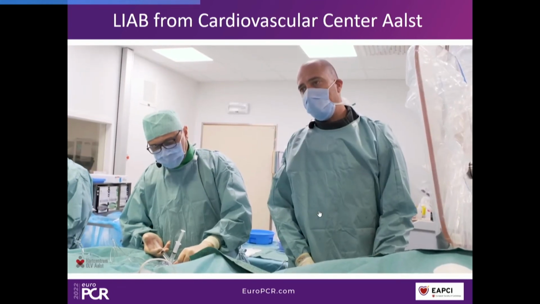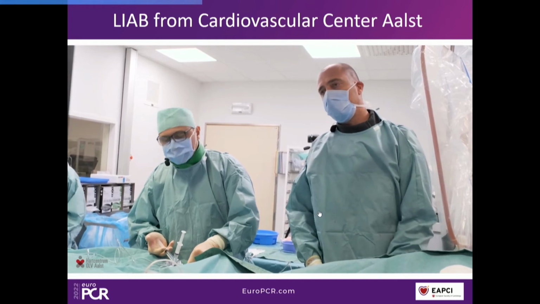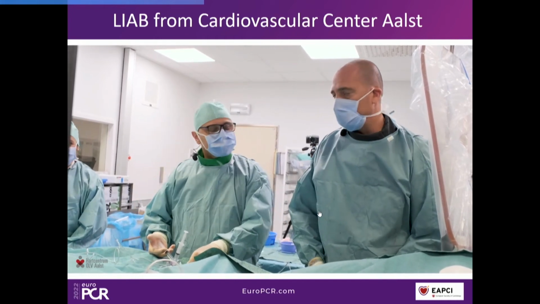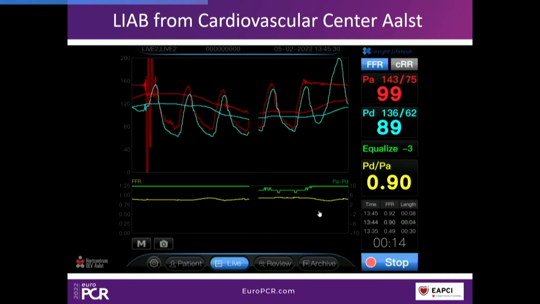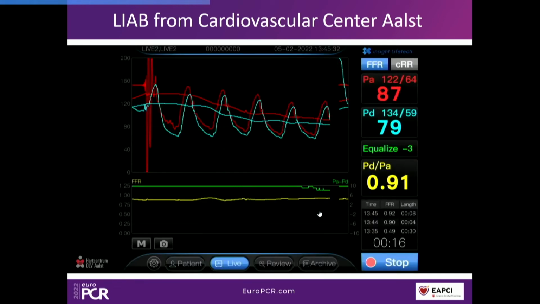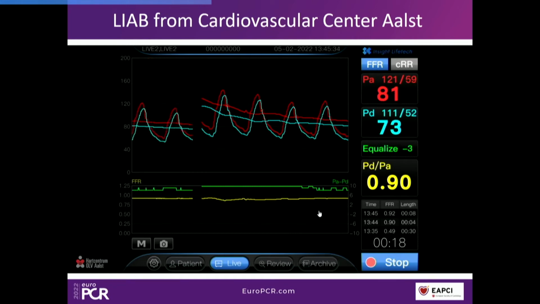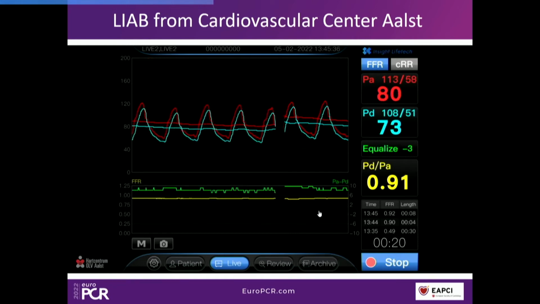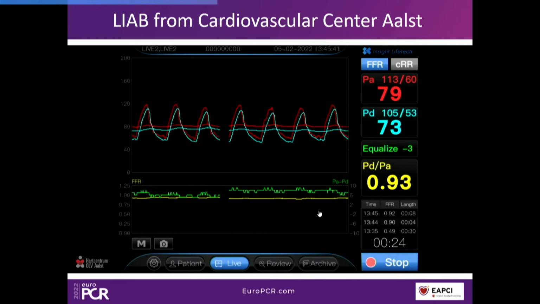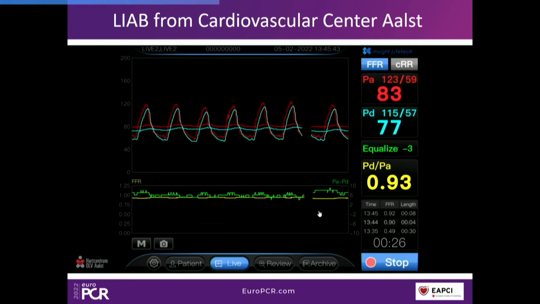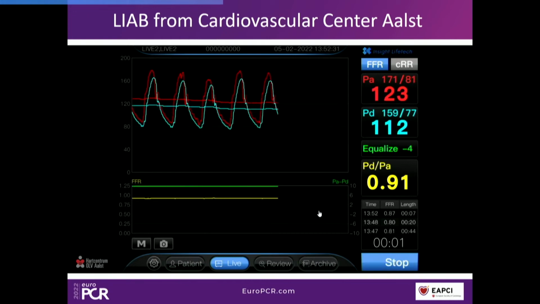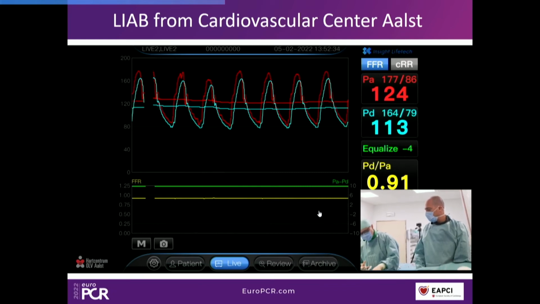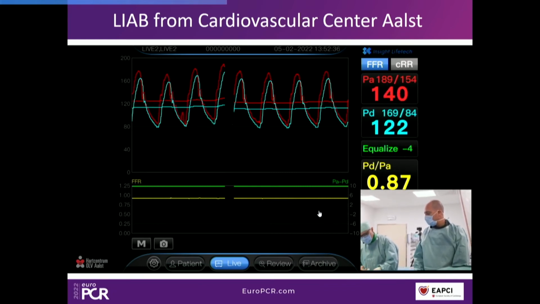Okay, so now we implanted a Trio 32 stent in the proximal to mid-LAD and we'll evaluate the FFR with the pullback post-implantation. Not too bad. Why don't you film the pullback? Good.